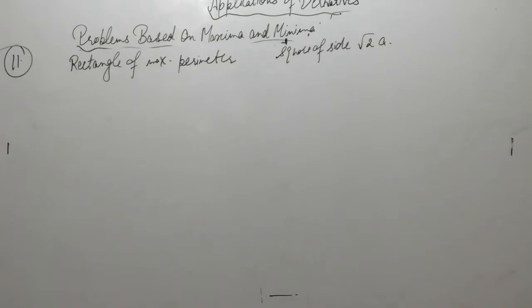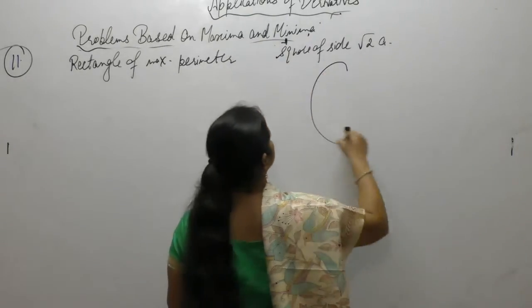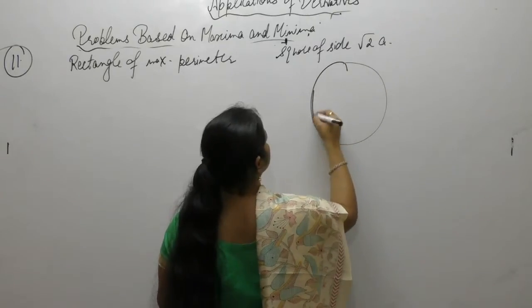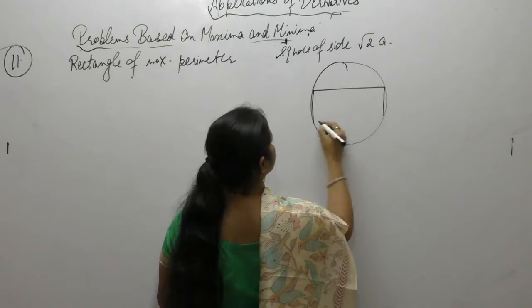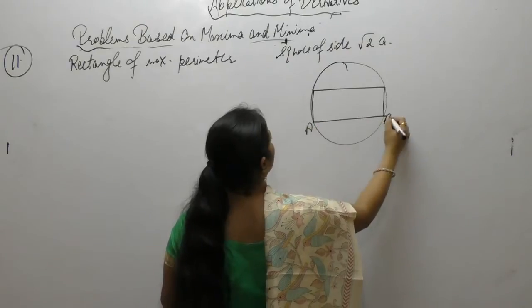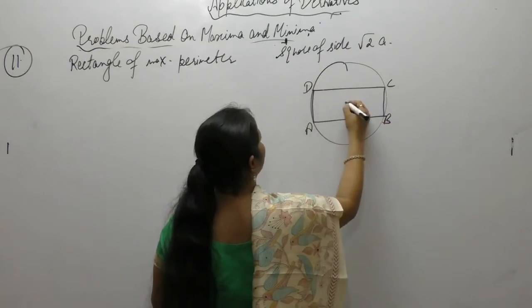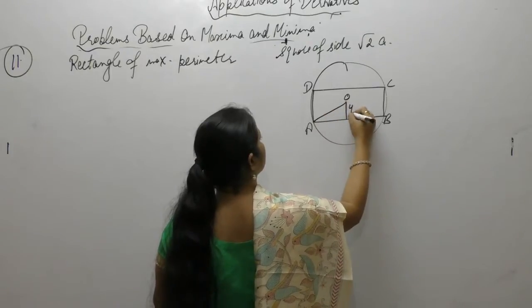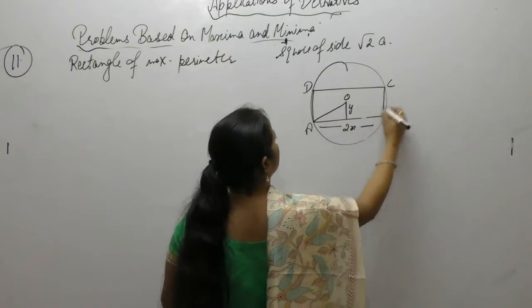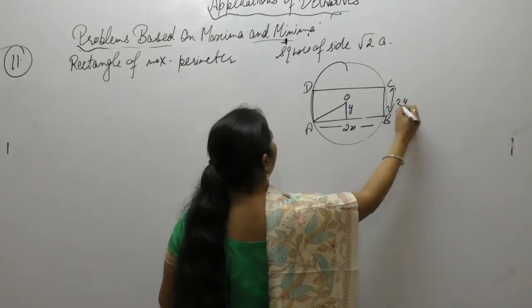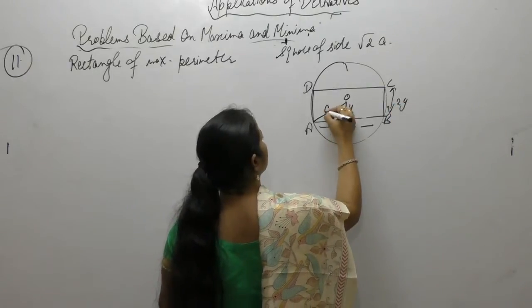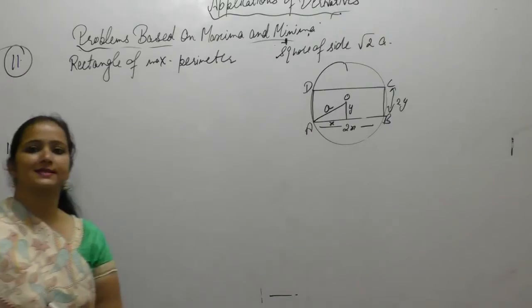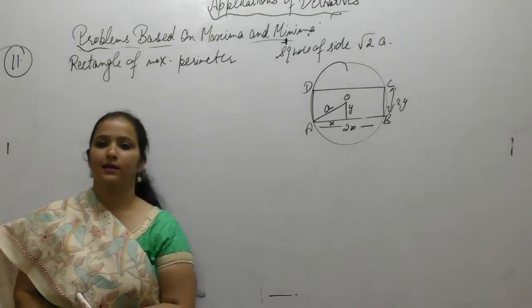Let ABCD be a rectangle having sides 2x and 2y, and O is the center of the circle having radius a.